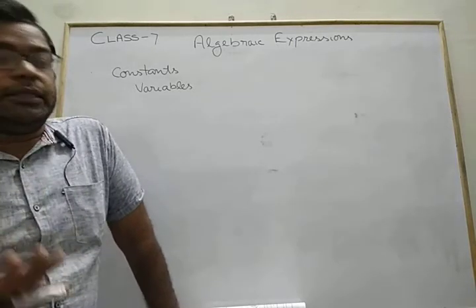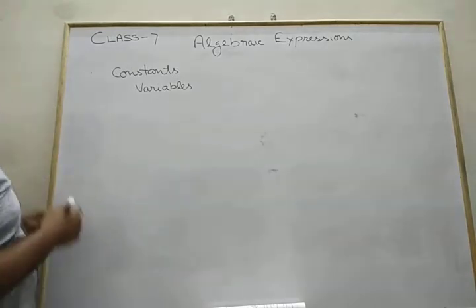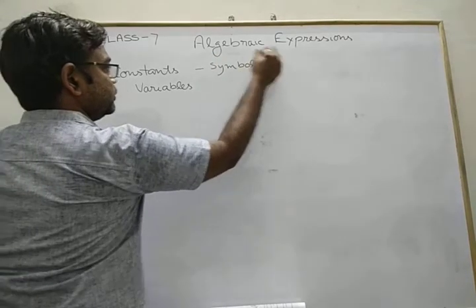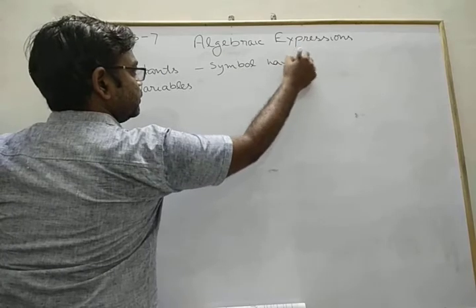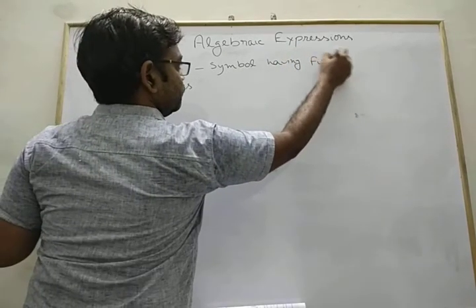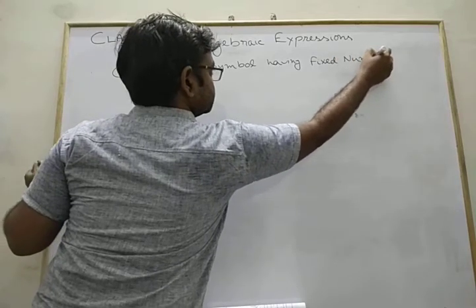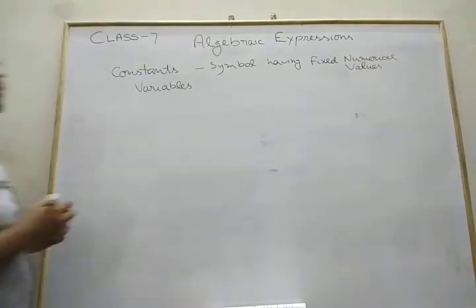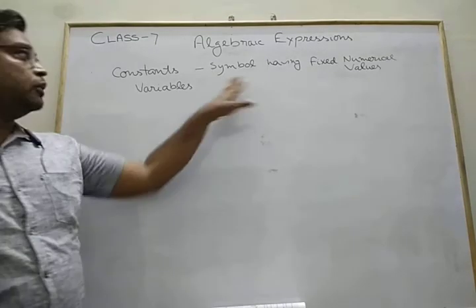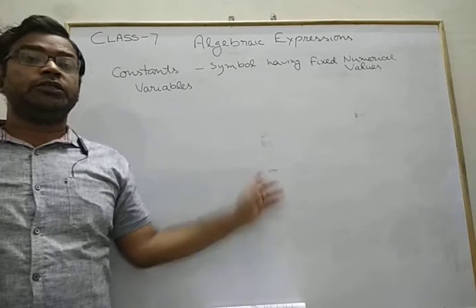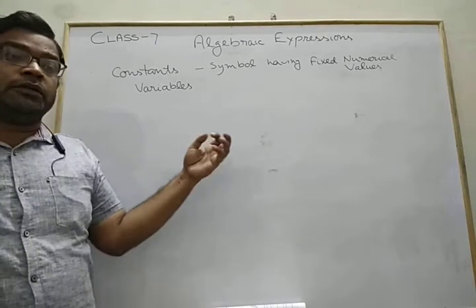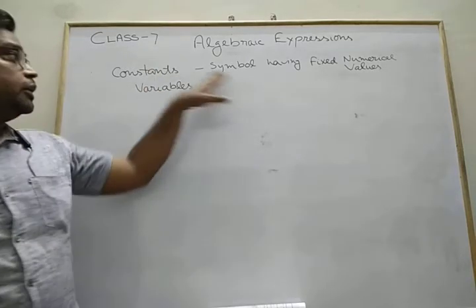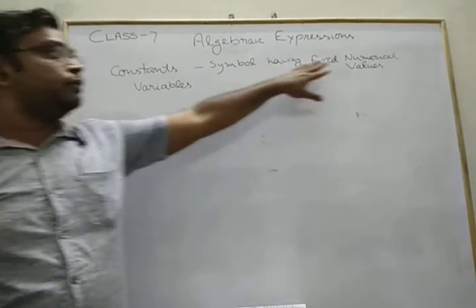In mathematics, what we write, 0, 1, 2, 3, 4, these digits, they are all symbols for us. So a constant is an algebra symbol having a fixed numerical value.